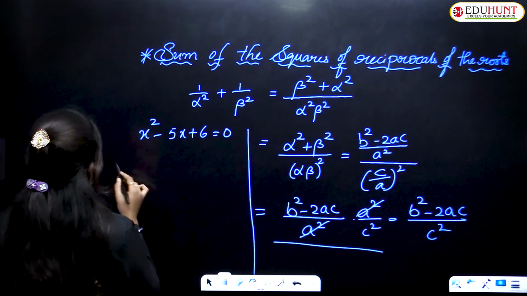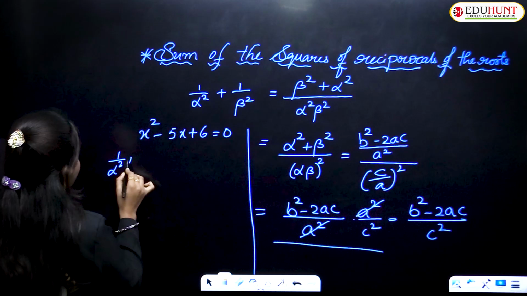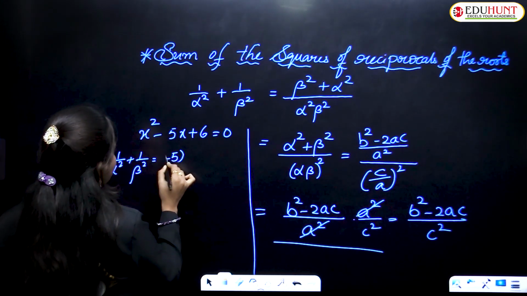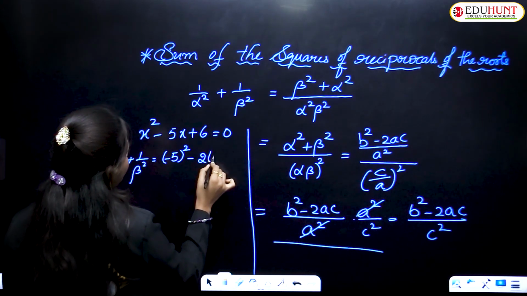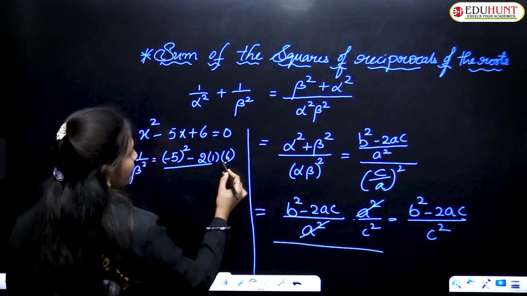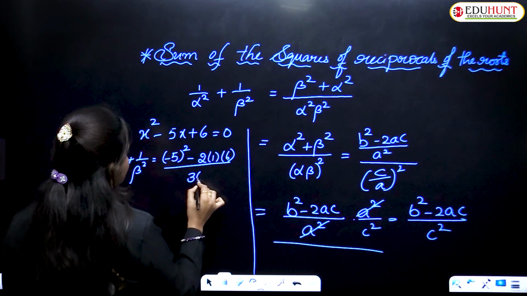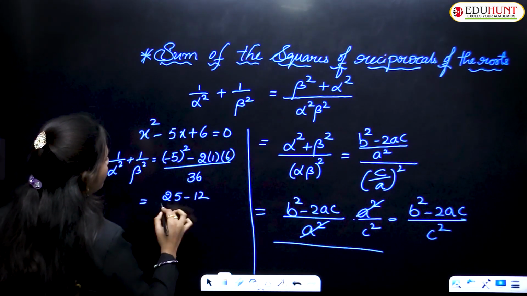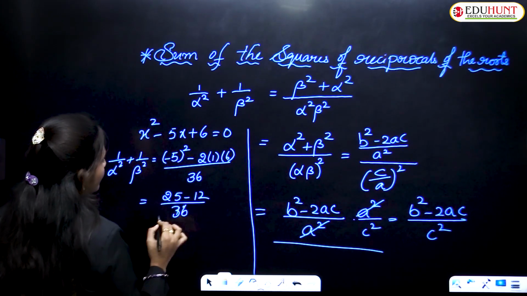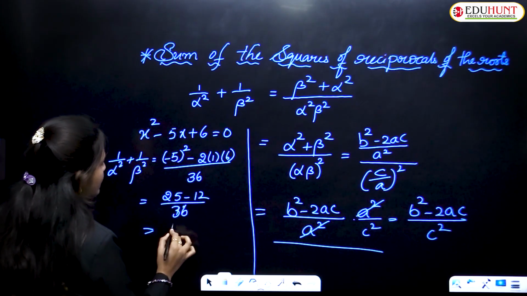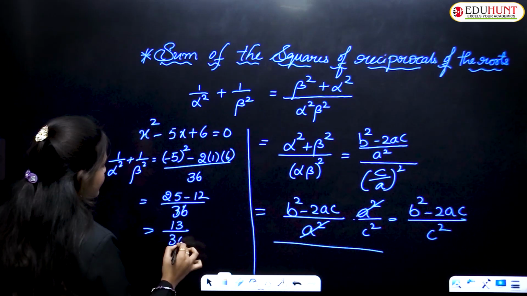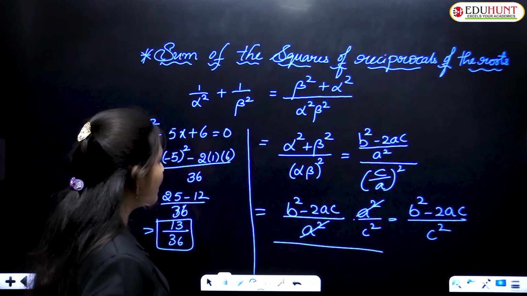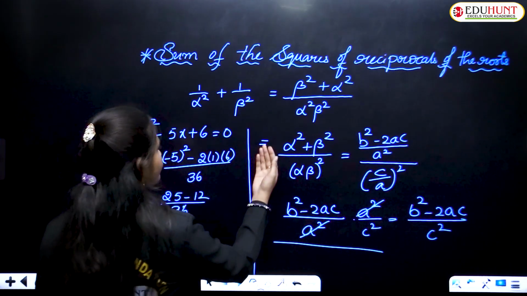By using this, 1 by alpha square plus 1 by beta square equals b square, minus 5 whole square, minus 2 into 1 into 6, by c square. c square is 36, which equals 25 minus 12 by 36. So which is equal to 25 minus 12, which is 13 by 36. So what is that value here? 13 by 36.